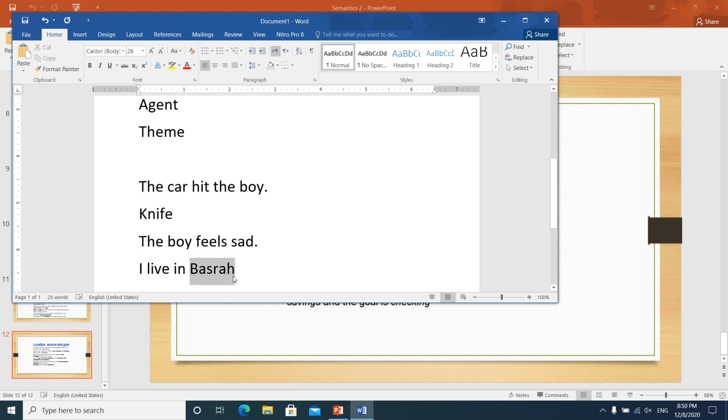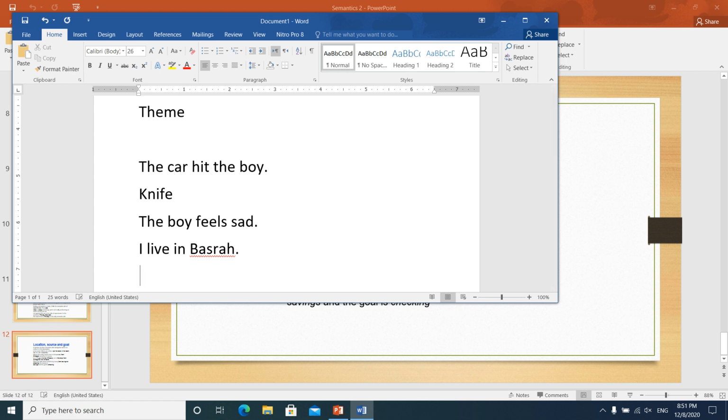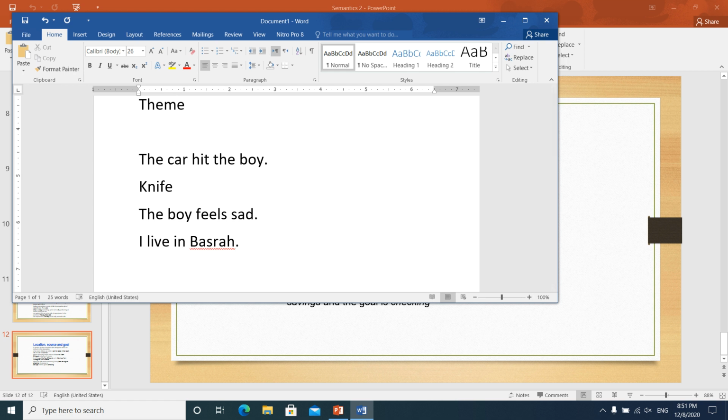But the semantic role of the word Basra is the role of a location. Of course, this is a prepositional phrase, adverbial. But we are talking about semantic roles today. The role played by the word Basra in the sentence is location.